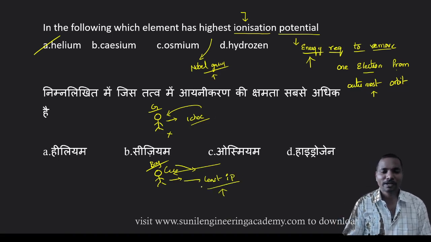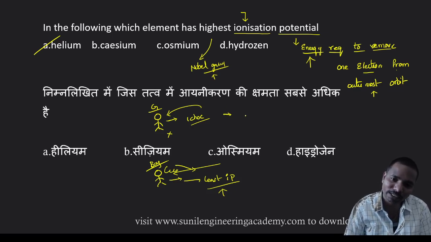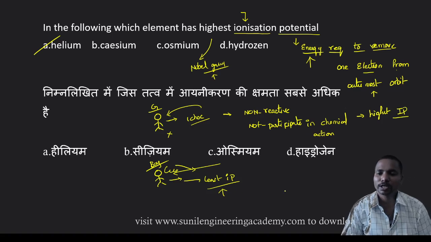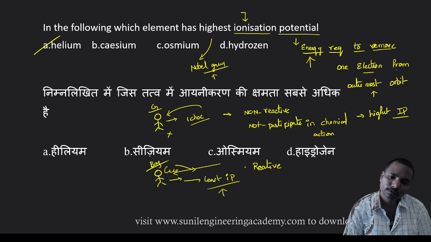So finally, what I want to say: the element which is non-reactive, or does not participate in chemical reactions, will have the highest IP, because it is very difficult to remove the electron. In the same way, an element which is reactive has low ionization potential.